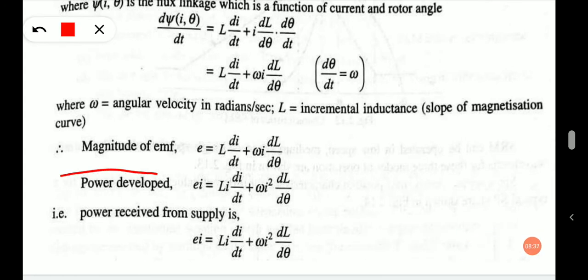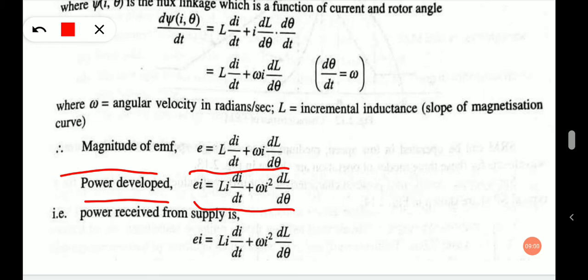Therefore, magnitude of EMF is E equals L di by dt plus omega i dL by d theta, and power developed E into i equals L i di by dt plus omega i square dL by d theta.